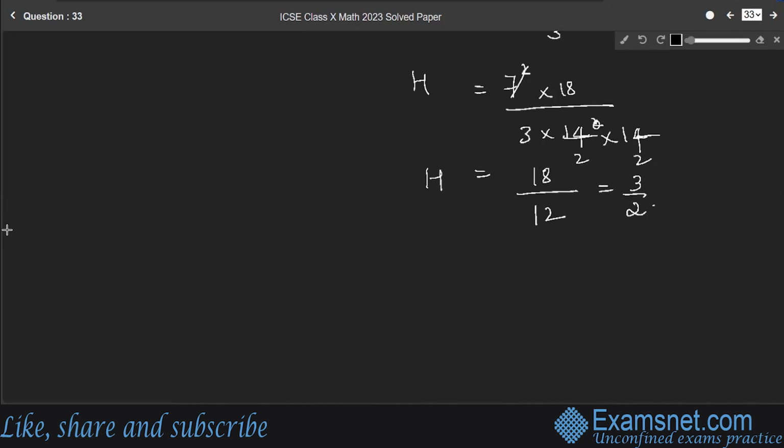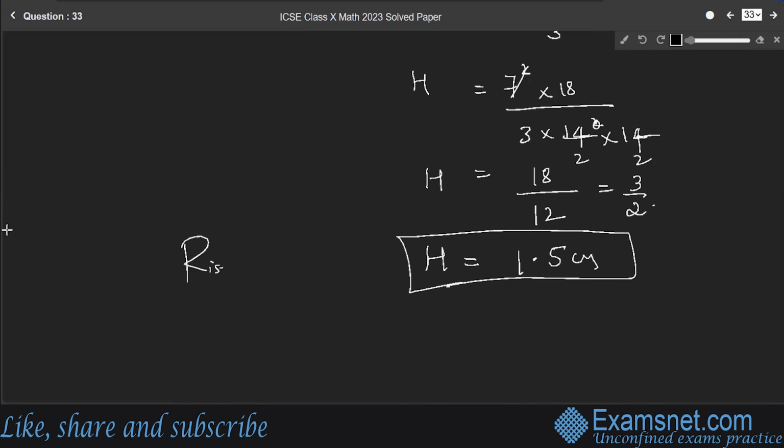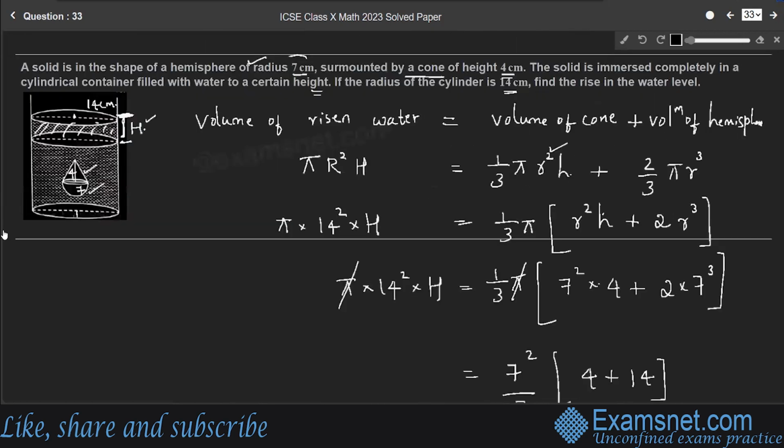So 3 by 2 is the rise in the level of water, which is nothing but 1.5 centimeter. So the rise in the level of water after immersing the solid is equal to 1.5 centimeter. So h is equal to 1.5 centimeter.